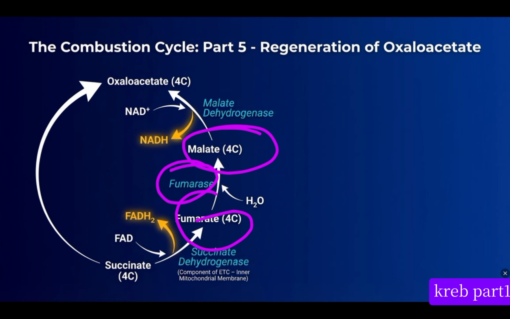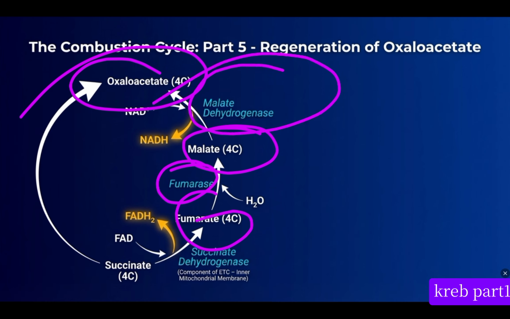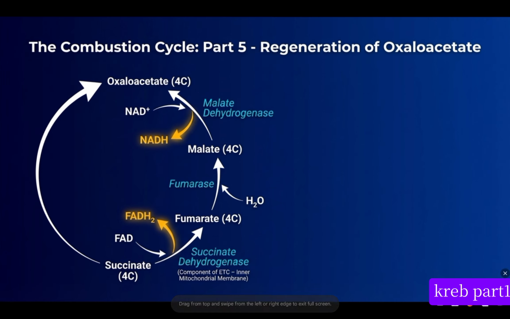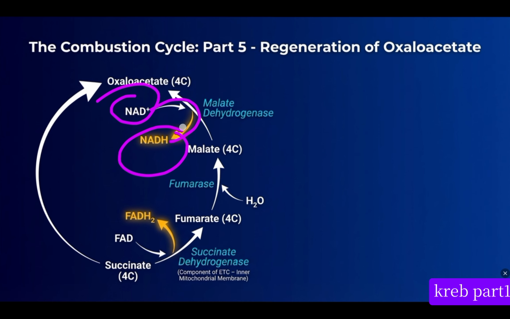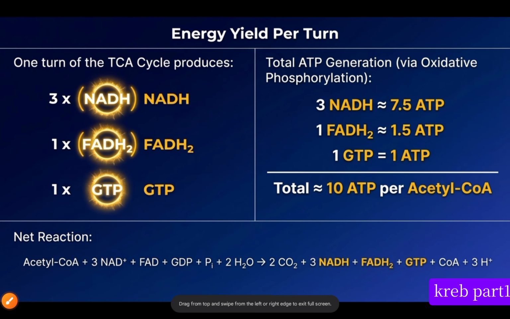So malate is now converted to what? Oxaloacetate, by an enzyme known as malate dehydrogenase. Malate dehydrogenase converts malate to oxaloacetate by converting NAD positive to what? To NADH. Now, what is the end product of all these things?